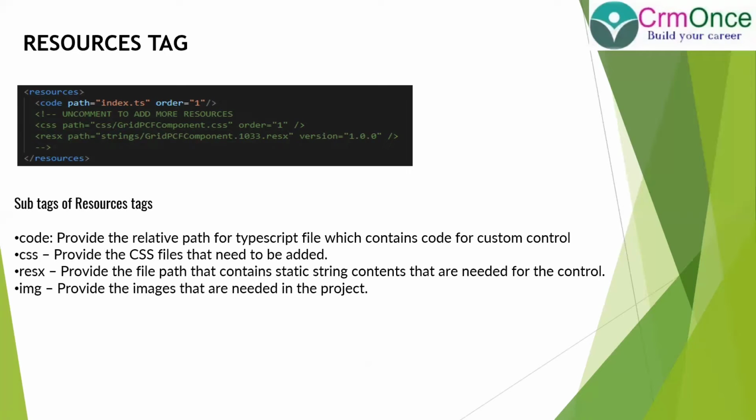We will discuss more about TypeScript when we actually start the TypeScript programs. Under the resource tag, we have sub tags. The code tag is where we specify the code path where we will start.